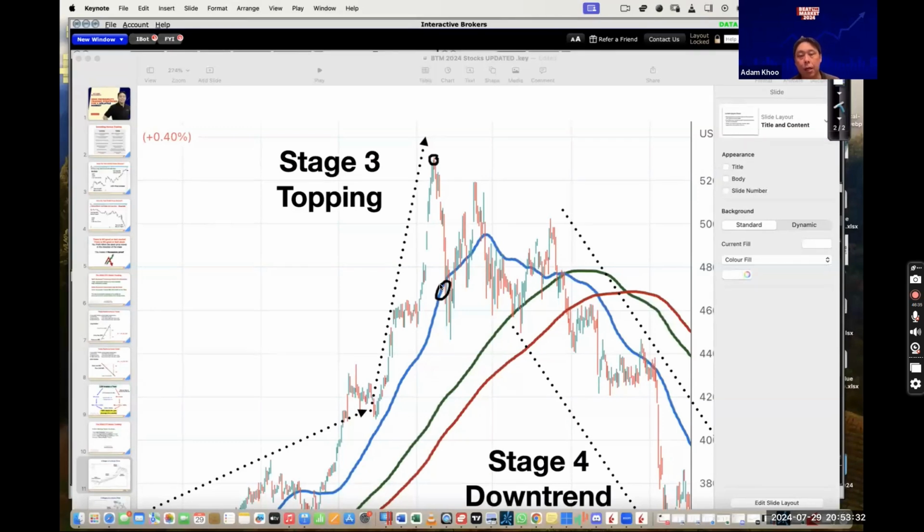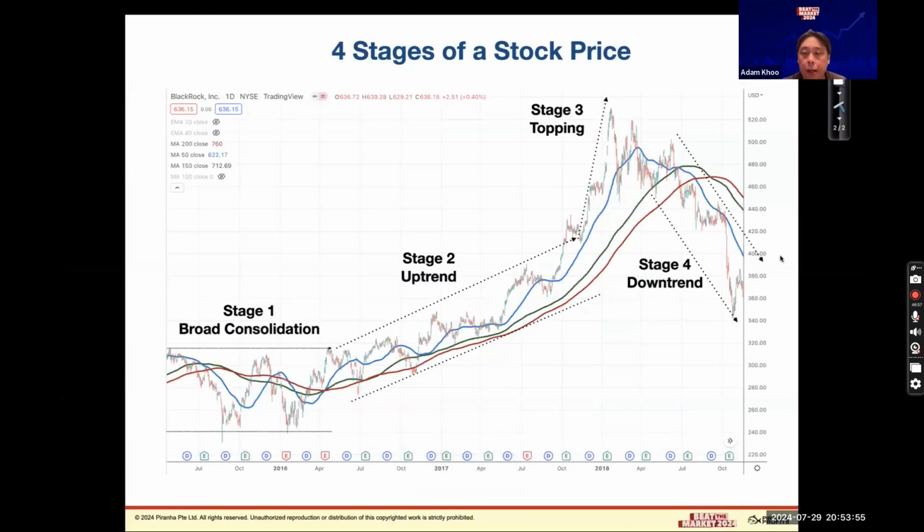When the price is very far from the moving average, it's like pulling a rubber band, and the rubber band will snap back. The price will always go back to the moving average. So beware when it gets too far from the moving average, you could be getting a topping phase.